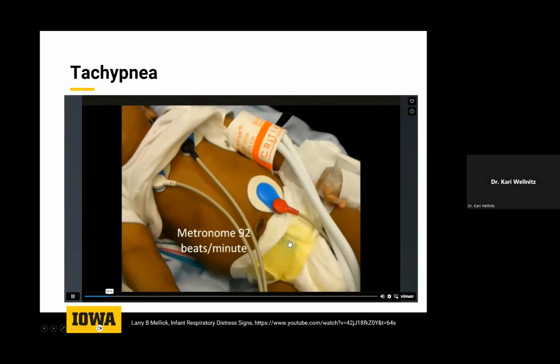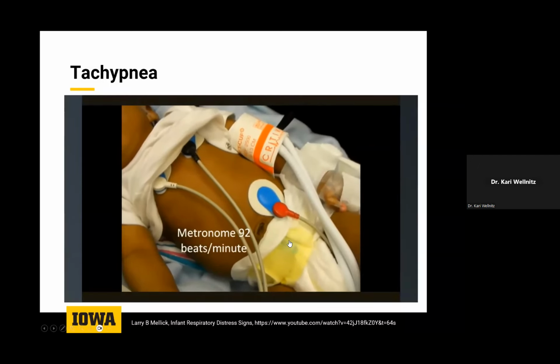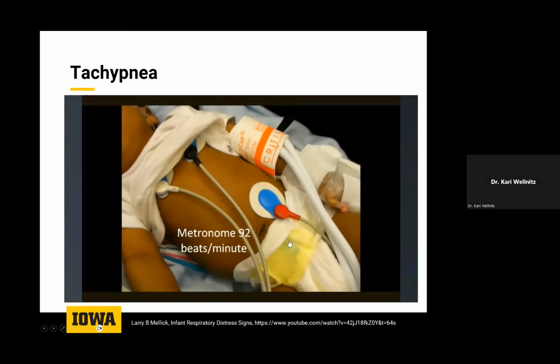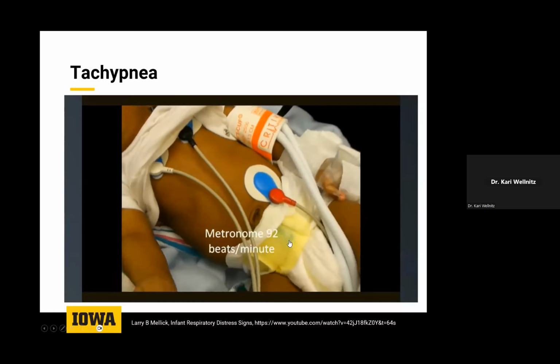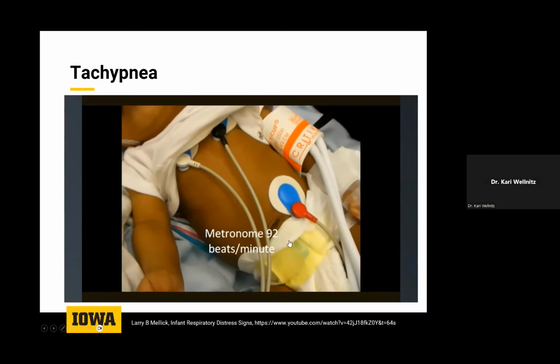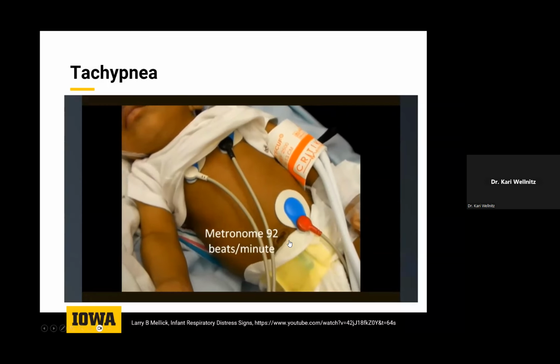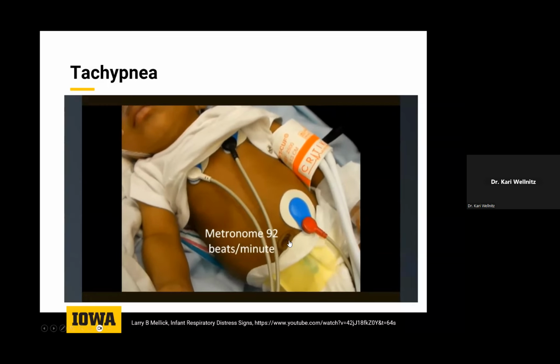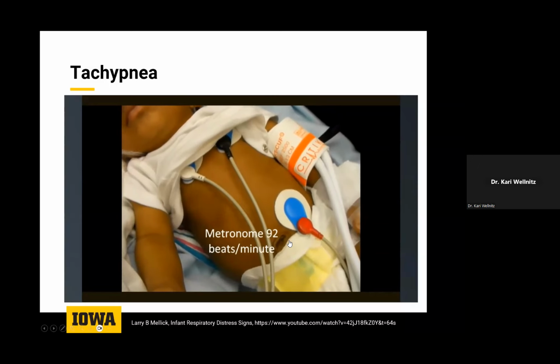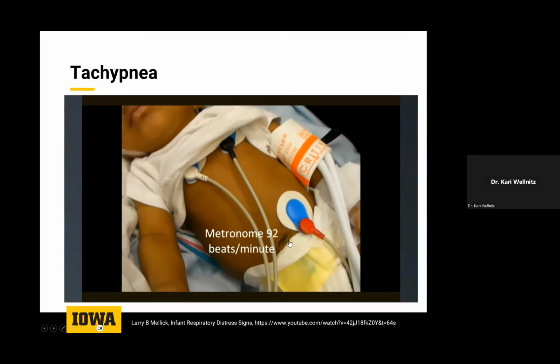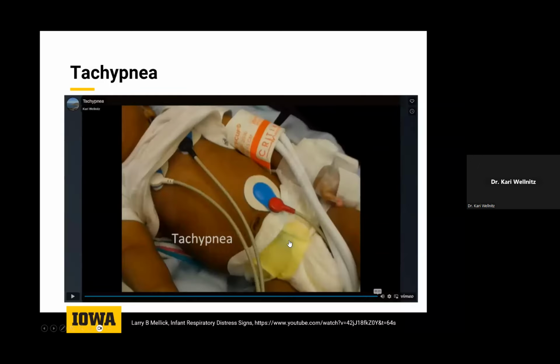Tachypnea is a child's first attempt to compensate when they have inadequate gas exchange. The first thing they'll do is try to increase that respiratory rate. Since infants are already breathing at a pretty high lung capacity, they can't really increase their tidal volume in order to maintain minute ventilation, so they'll just pick up their breathing rate.